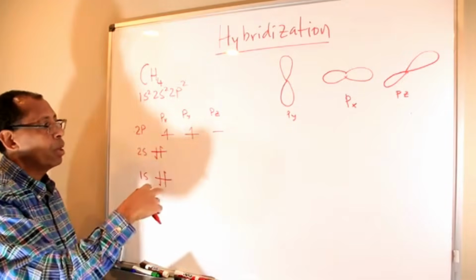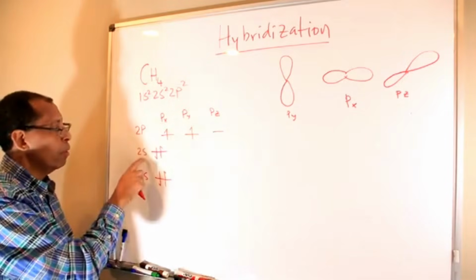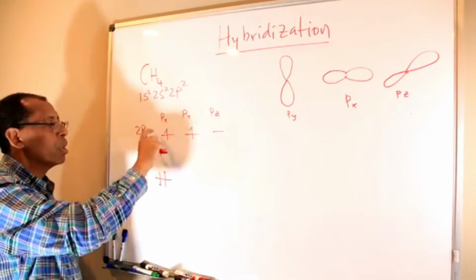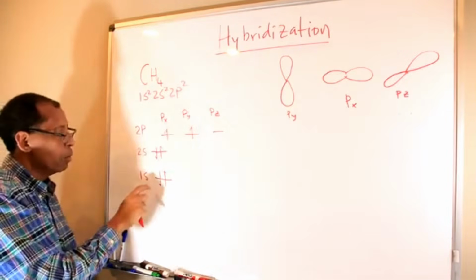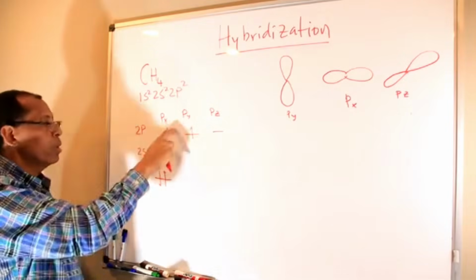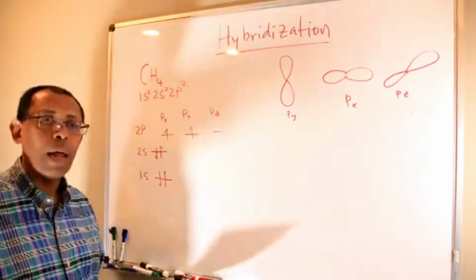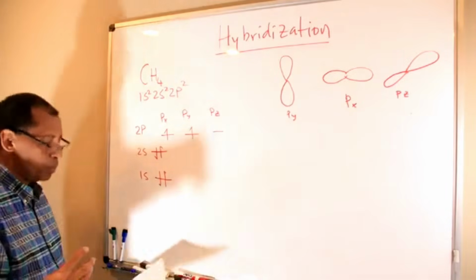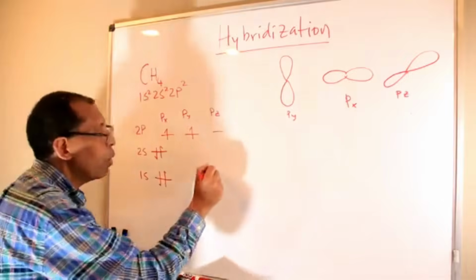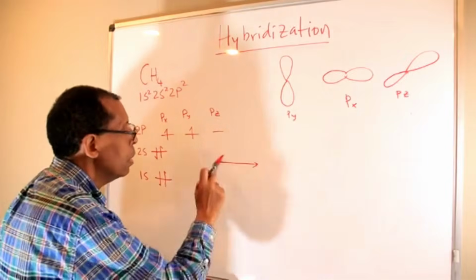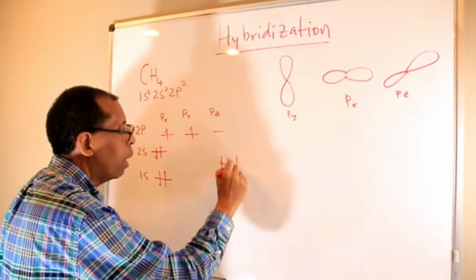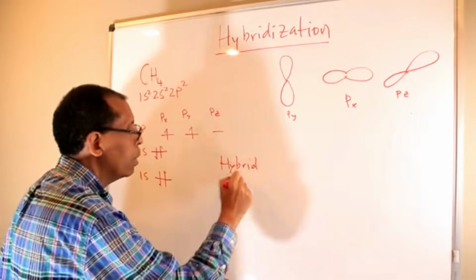What it means is you have s and p, which are energetically very close, so you cannot hybridize this with that, but hybridizing is to say that you are just trying to mix them. So the hybrid orbitals look like, out of this, hybrid orbitals.